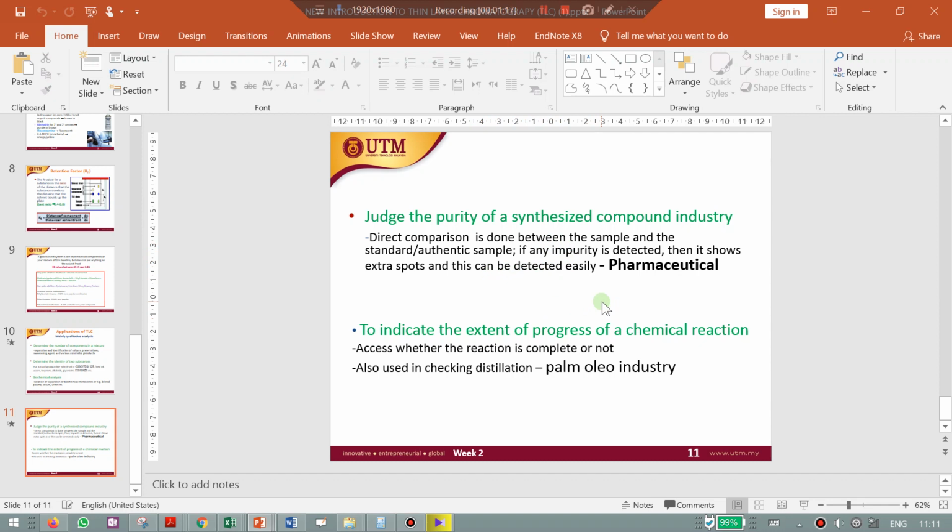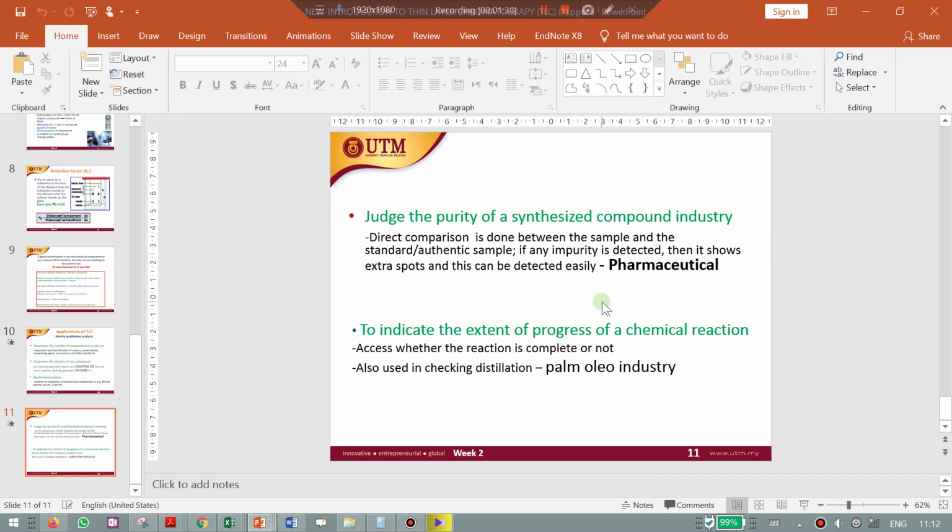Or the company produces different batches of paracetamol, and they want to see if their production is similar, maksudnya there is no fault in their production. So they have their standard of paracetamol, a very good one, and they compare with different batches of production.